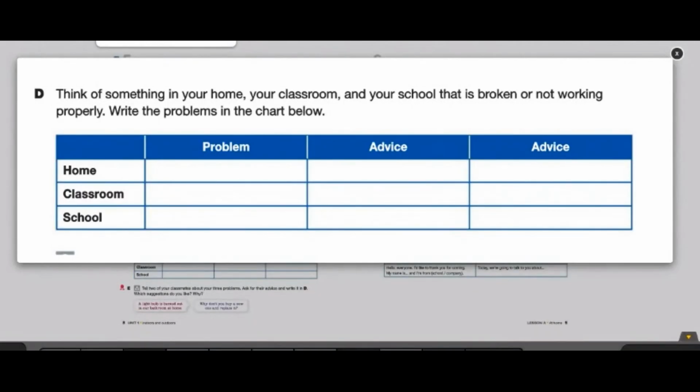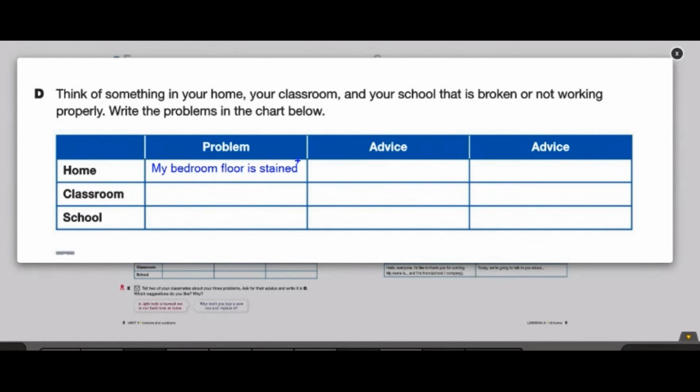Okay. So, for each of the problems you have detected, you have to ask two classmates for advice. Pay attention, please. Let's suppose that my problem was my bedroom floor is stained. Now I am going to divide the class in 4 groups.